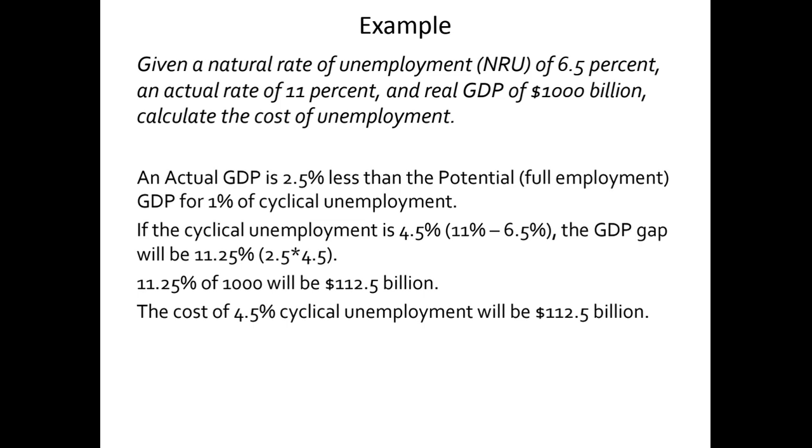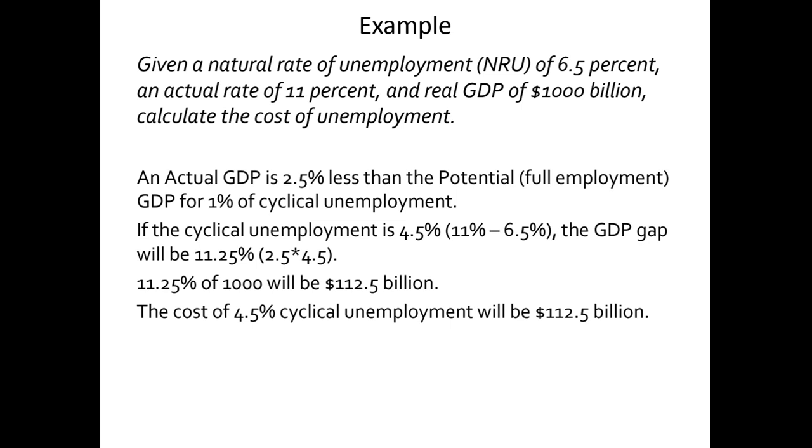And we also know that the natural rate of unemployment is 6.5%. So using these two numbers, I can easily calculate cyclical unemployment. That is 11% minus 6.5%, so 4.5% is cyclical unemployment in this country. The real GDP, by real GDP, I mean I'm calculating GDP excluding the price effect.